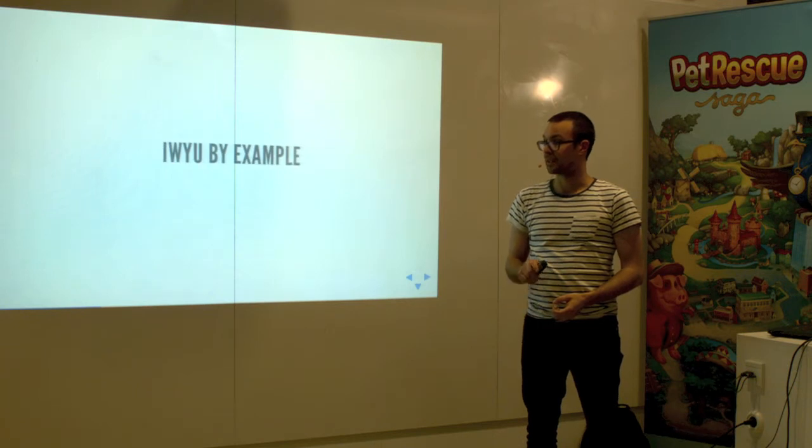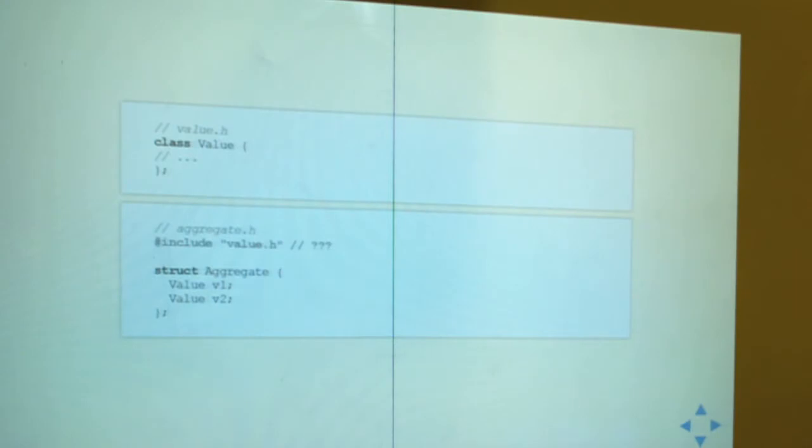I think now would be a good time to start showing examples. So given this code, show of hands, should we include value.h in aggregate.h? Yes or no? Show of hands. Okay.